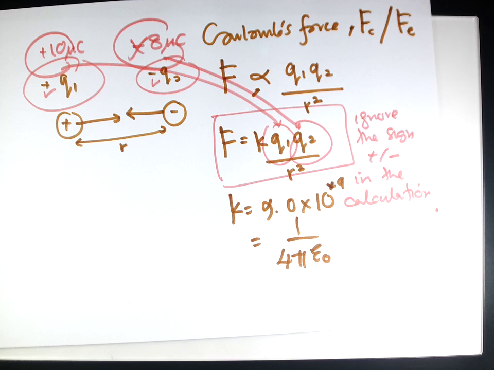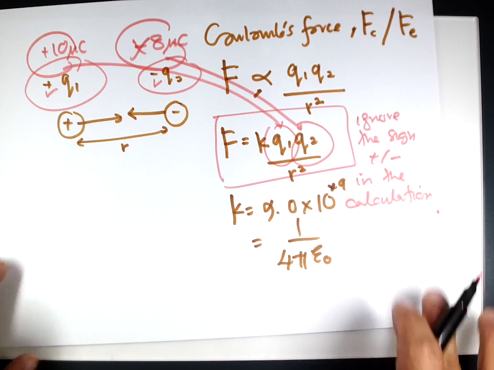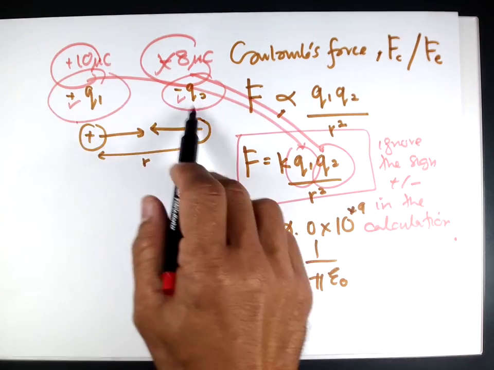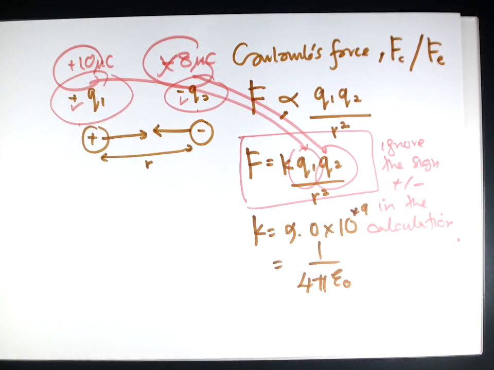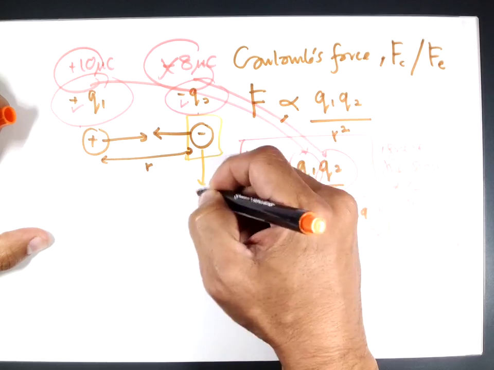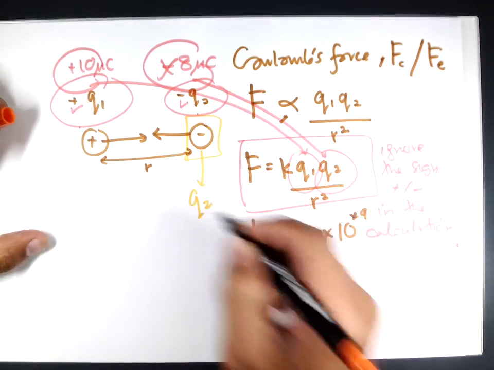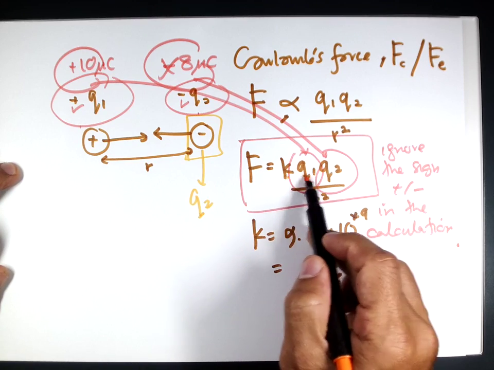Okay, then how to determine the direction? Okay, now let's say I have these two, Q1 and Q2. Okay, mark my word. My word is the question. Calculate the net force on Q2. So I want to know what happened at this. This is Q2. Okay, so you do your calculation. You substitute the value.